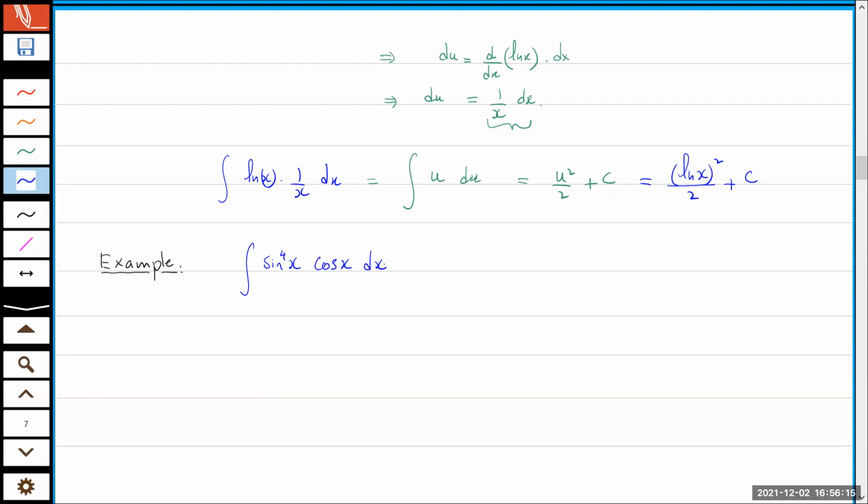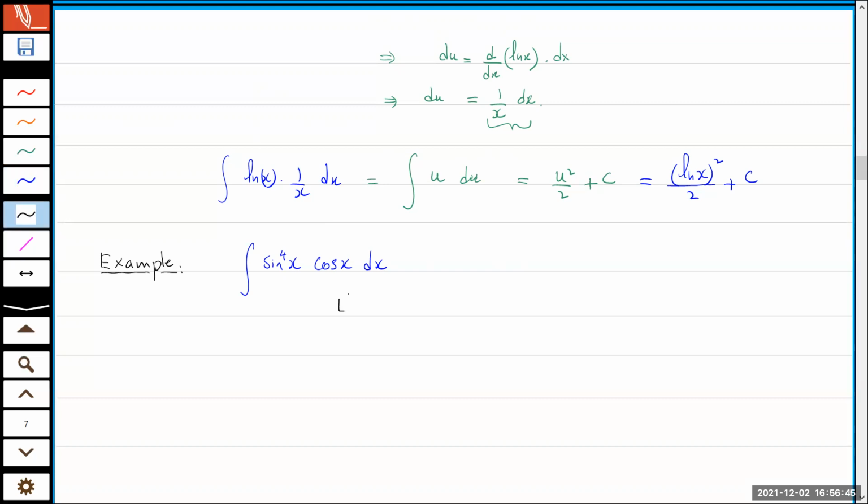I can take u equals cos x and I can take u equals sine x, and both are derivatives of each other. The derivative of cos is negative sine, but we can always adjust for any constant that is multiplied with the derivative. Now, first, I will take u equals cos x and show you why that might not be the best substitution here. We can still work it out, but maybe the other one would be more appropriate. So let's do that first.